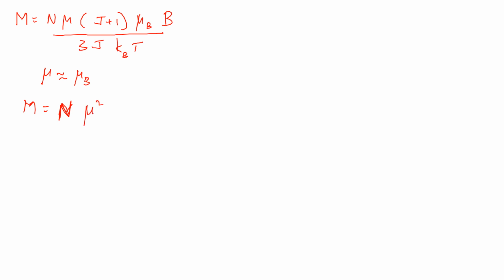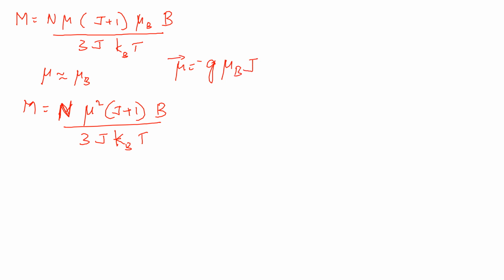mu squared (j plus 1) B divided by 3j k_B T. But what is mu? Magnitude-wise, mu is g mu_B j. If you are writing in vector form, then it will be the negative.